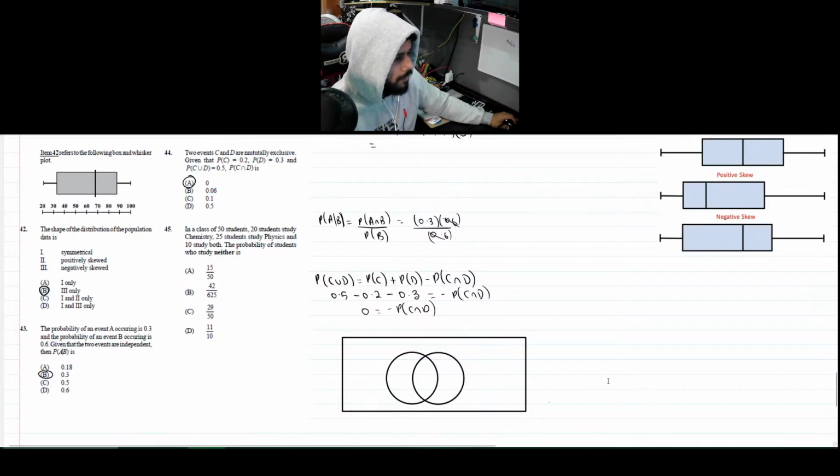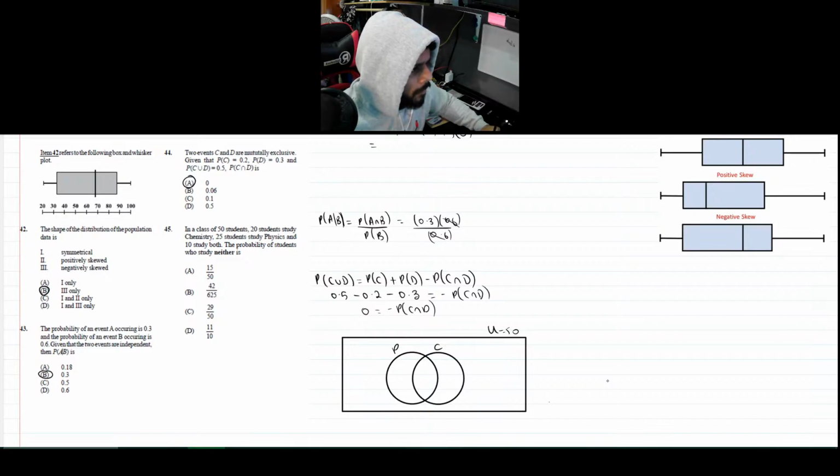Label that C, and the outside 50, Physics and Chem. 20 students study Chem, 25 students study Physics and 10 study both. 10 study both and 25 study Physics, then there's 15. If 20 study Chem and 10 study both, that's the next 10. 10 and 10 is 20, 20 and 15 is 35, so the outside will be 15. The probability that a student studies neither is 15 out of 50.